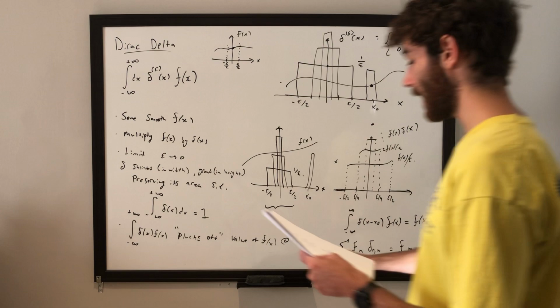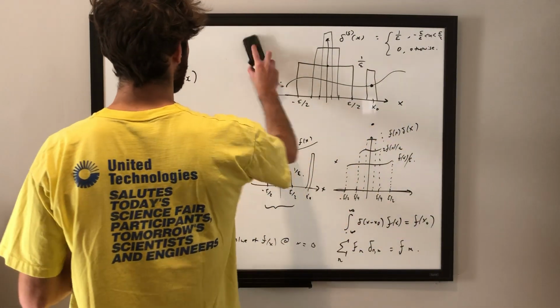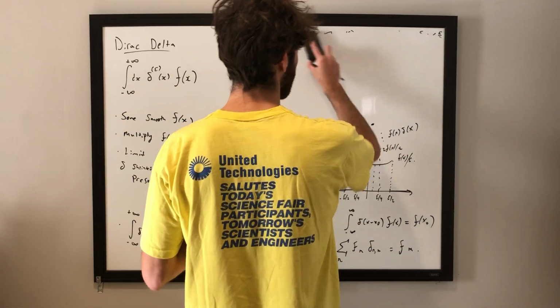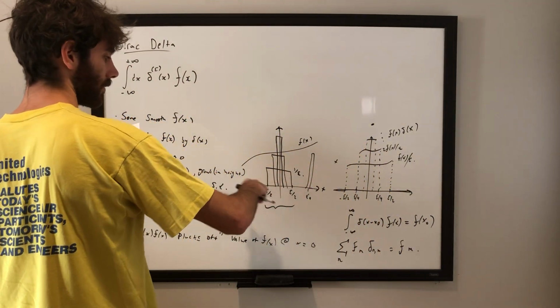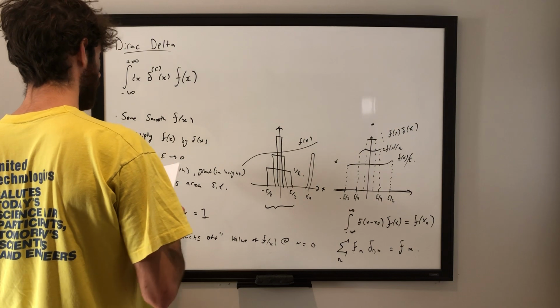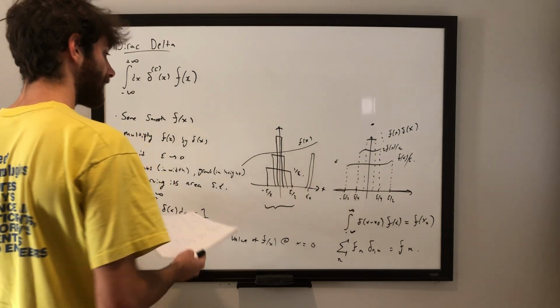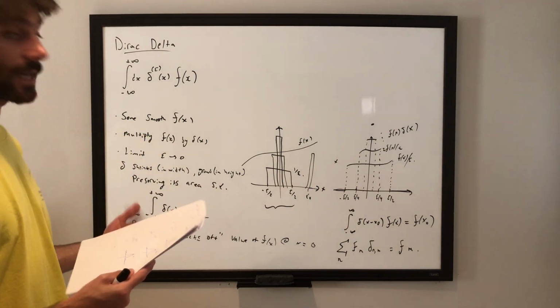And the last thing I will mention before moving on is that other distributions will work. So we looked at this square step thing, but there are other ways to define the delta function in the same sort of limiting procedure.